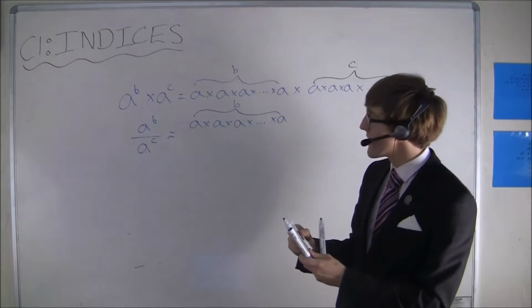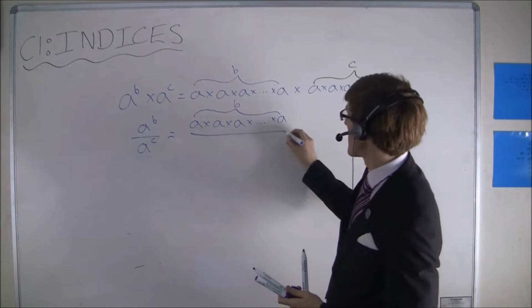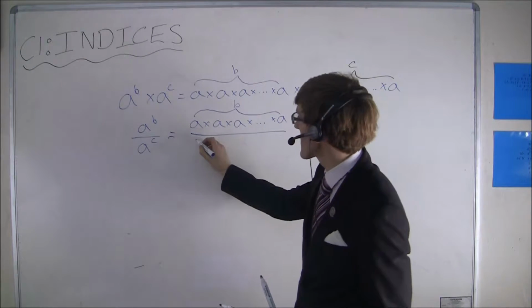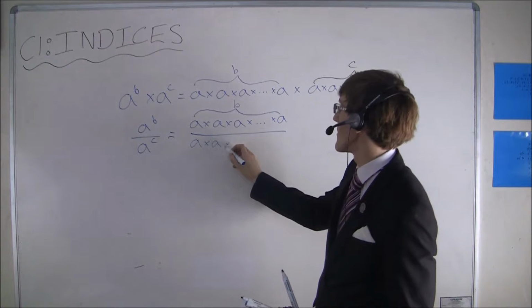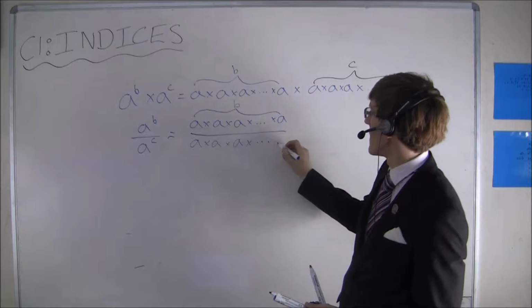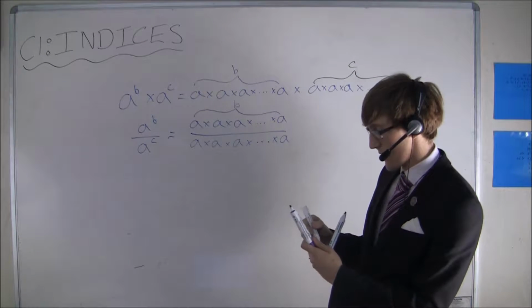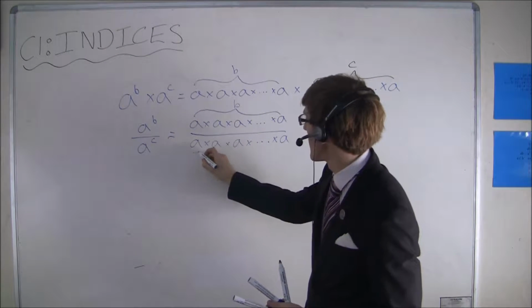And the denominator is going to be c lots of a multiplied together. So again, a times a times dot dot dot times a, c times.